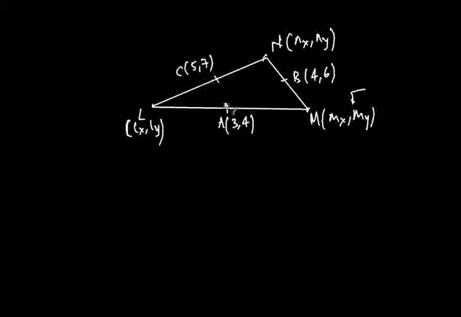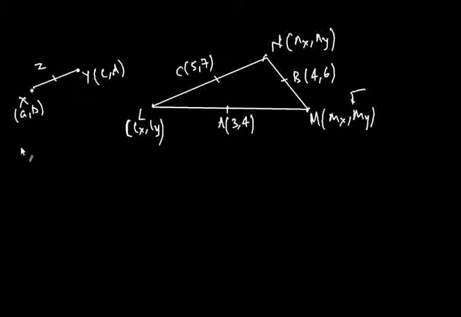Now here's the thing. A, B, and C are special points. They are the midpoints of the three sides. And what do we know about midpoints? Generally speaking, if we had a point X, which has the coordinates a comma b, and a point Y, which has the coordinates c comma d, and there's a line joining them, and the midpoint of this line is Z. If you are asked to find the coordinates of Z, how do we do that?